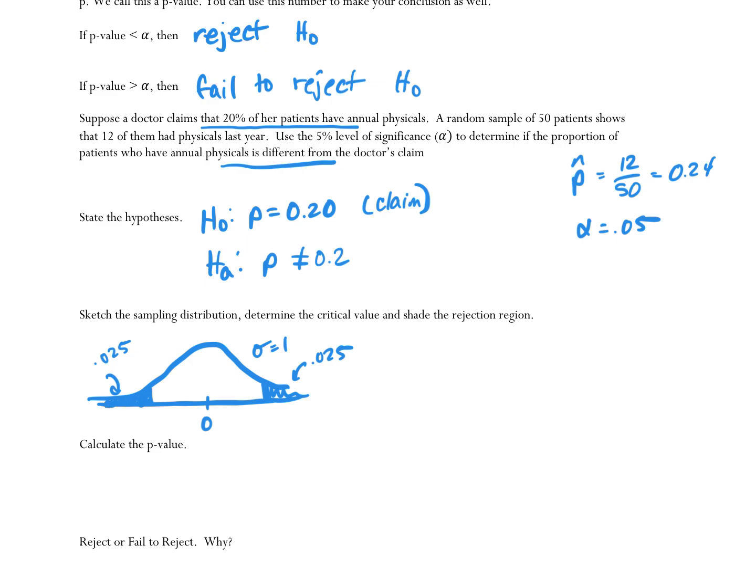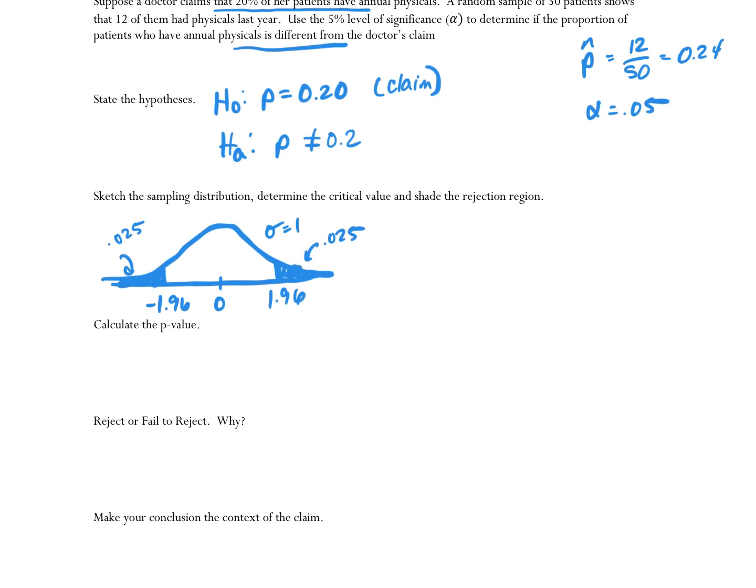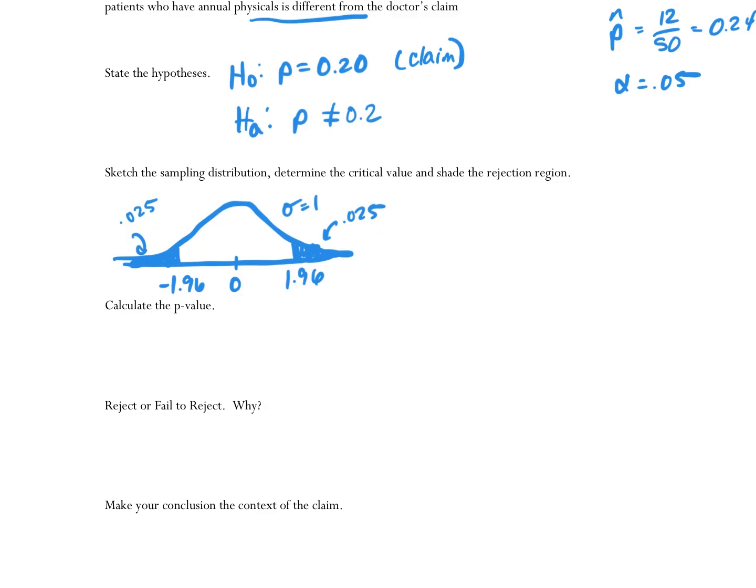The last thing we need to do is find those critical values, which are at negative 1.96 and positive 1.96. All right. Now, to find my p-value, you're going to use your calculator to find the p-value.